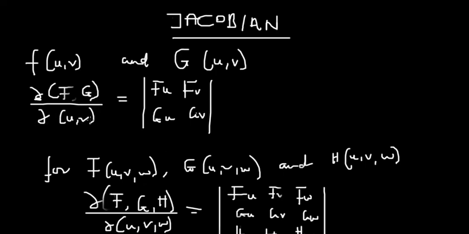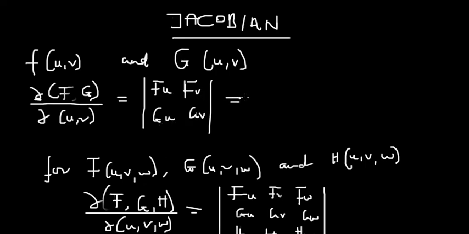Now take note of the notation. It's very important, so I will keep repeating that. So we have f of u, f of v, and then g of u, g of v.